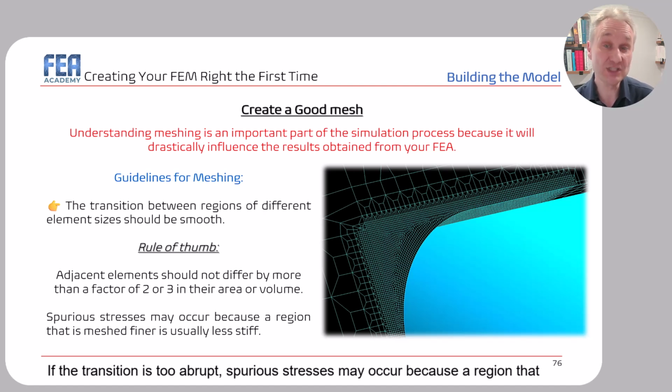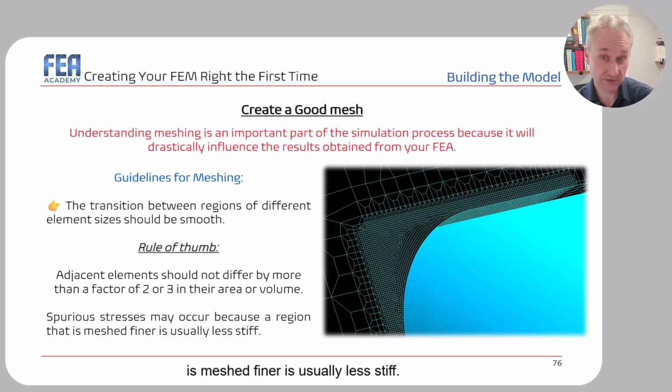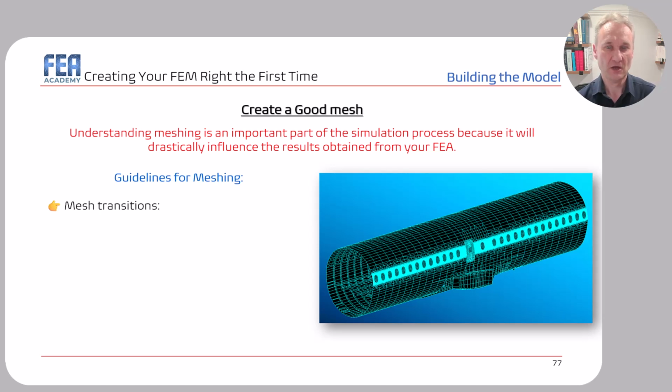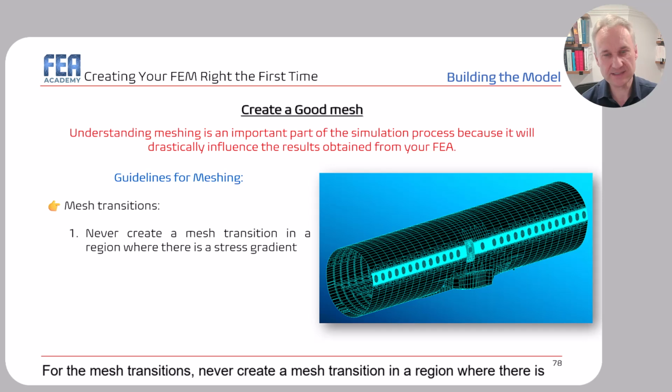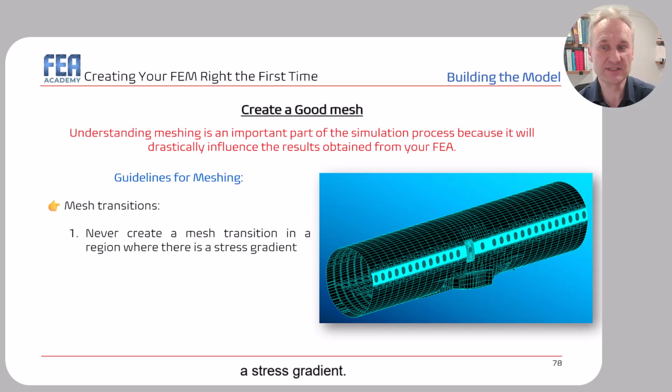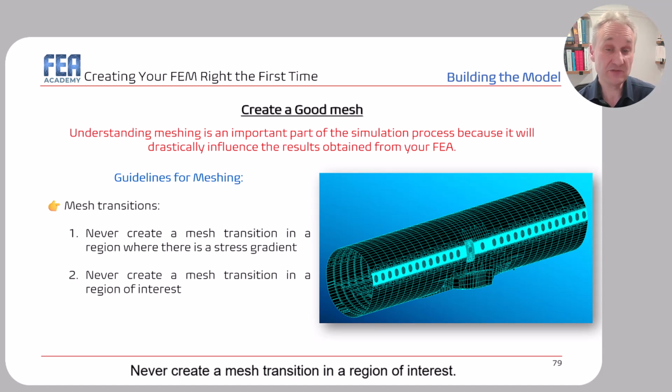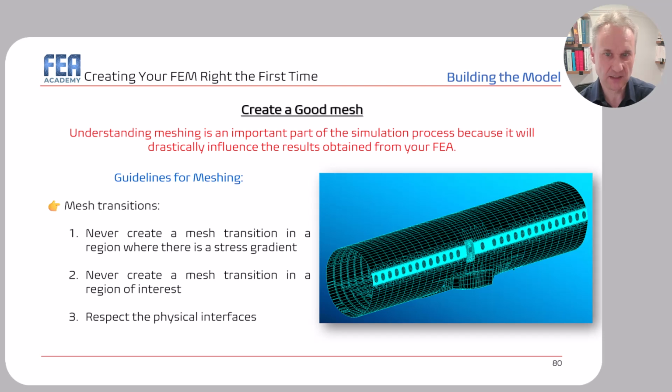If the transition is too abrupt, spurious stresses may occur because a region that is meshed finer is usually less stiff. For the mesh transitions, never create a mesh transition in a region where there is a stress gradient. Never create a mesh transition in a region of interest.